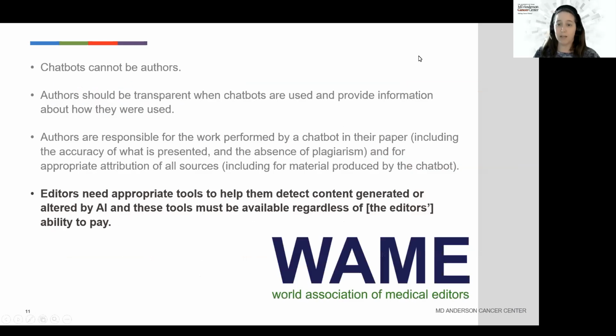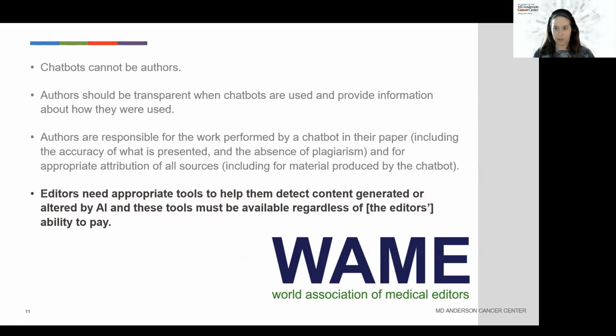And again, so World Association of Medical Editors, last one I'm going to share with you as far as what people are saying. This one reiterates that chatbots can't be authors and you should disclose its use and so forth. But this group also points out that editors may need tools to detect the use of this AI-generated text, which is kind of another interesting point. And in fact, there is already software in development that can do this.